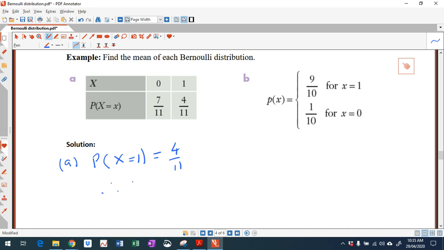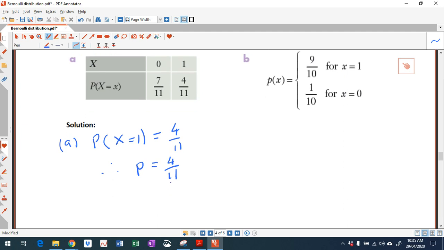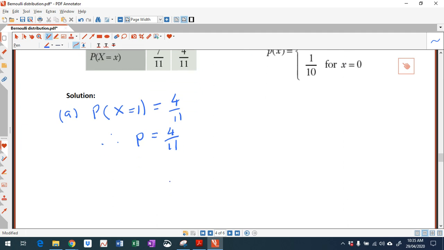Therefore, we can say that p is equal to 4/11. So the mean or the expected value is equal to 4/11.